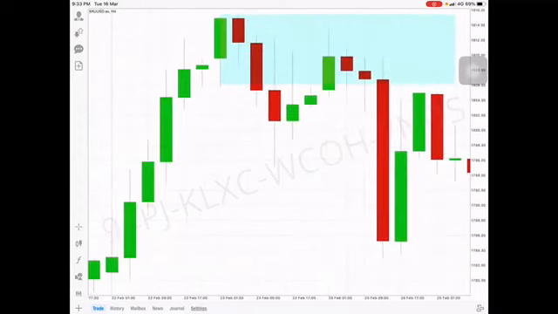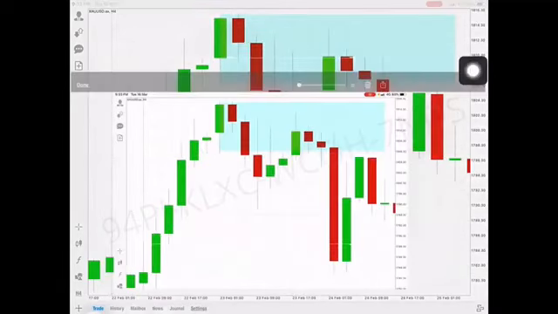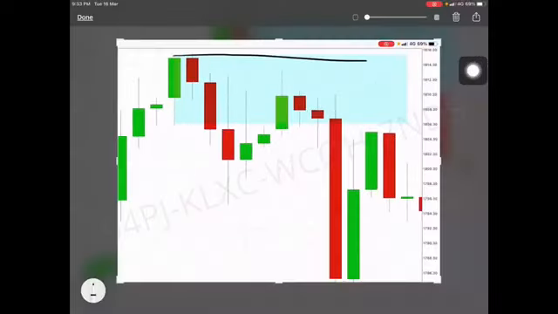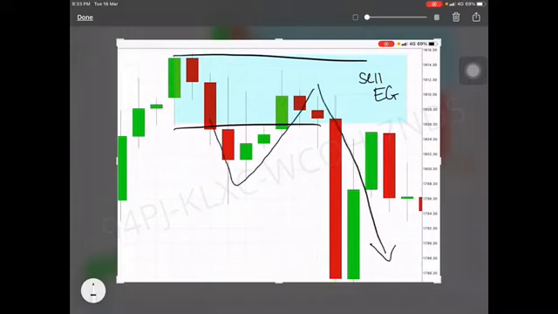So this is sell engulfing. What are we looking for when the price comes back to here? Are we looking for sell or buy? Sell. And see when it comes back, it goes down. So do you understand that this is a low risk marking?